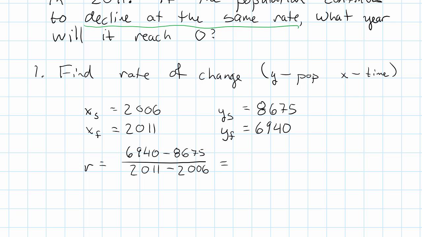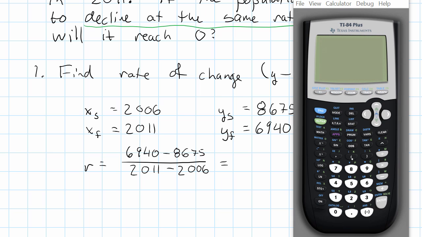Now previously I entered these into the calculator separately and then did the division separately. I could also enter the whole thing into the calculator in one go. And we'll take 6940 minus 8675 divided by 2011 minus 2006.